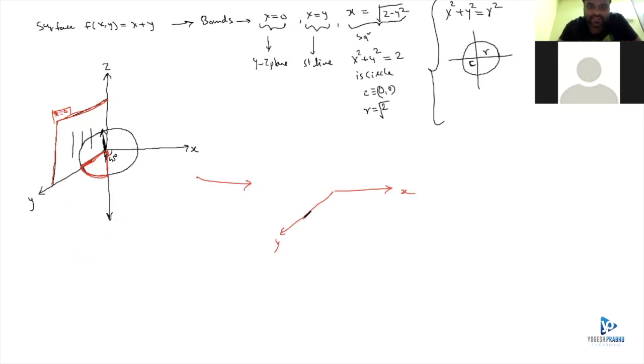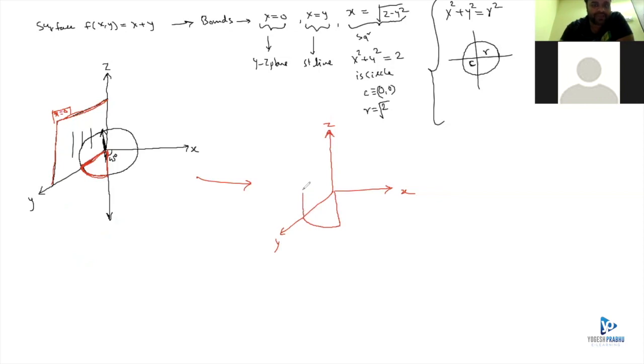which is the bound. Okay. So you have this as the z-axis. And now f of x comma y is nothing but x plus y.